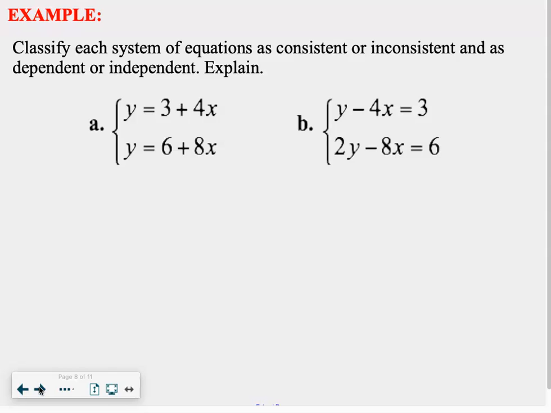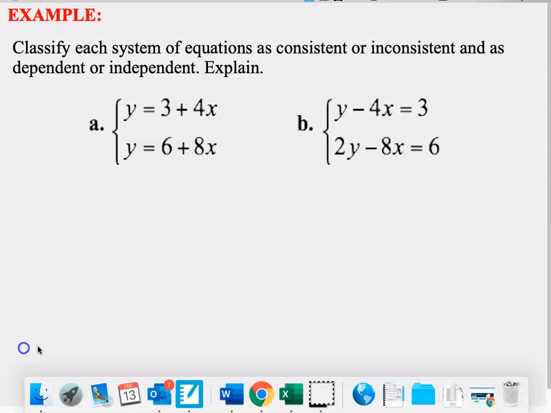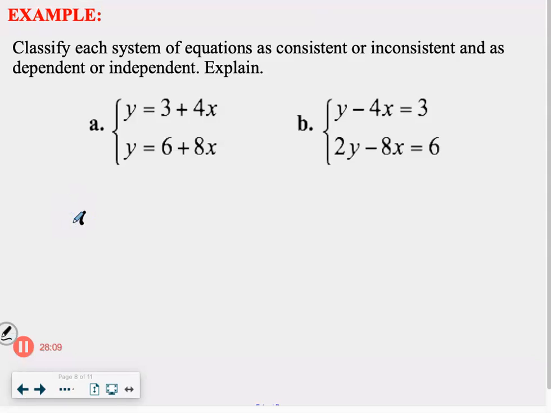You can do this with almost no solving at all. Very little writing is required to answer this question. You should be able to just look at both of them and make a decision. I'm going to give you a minute in your groups to discuss. The first one. Consistent and independent is correct. What made you come to that conclusion?